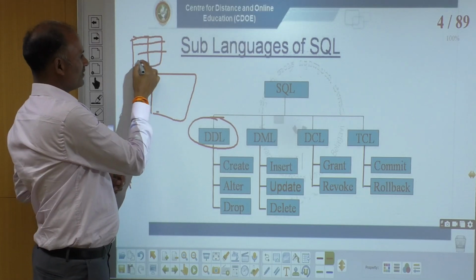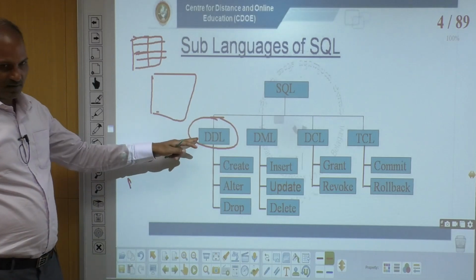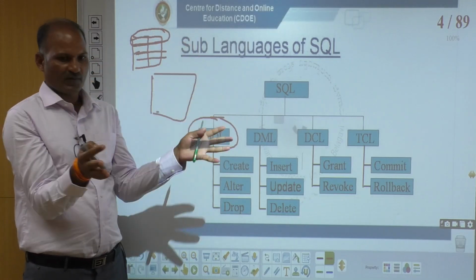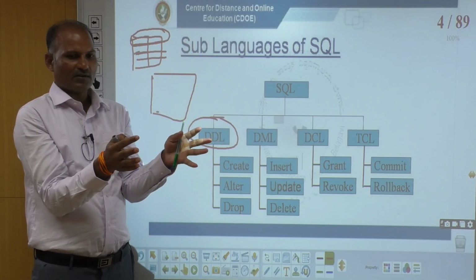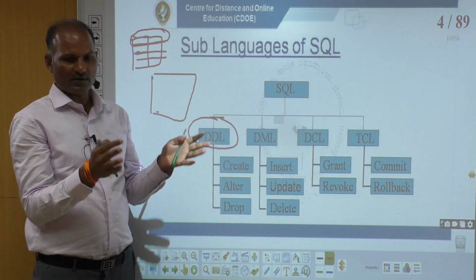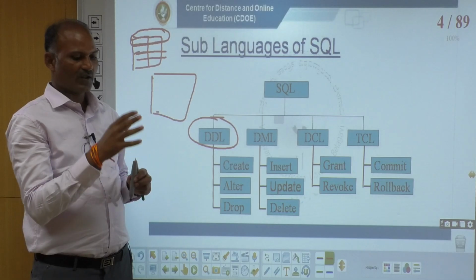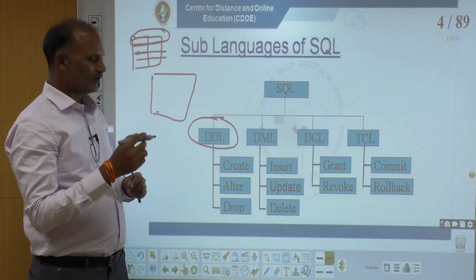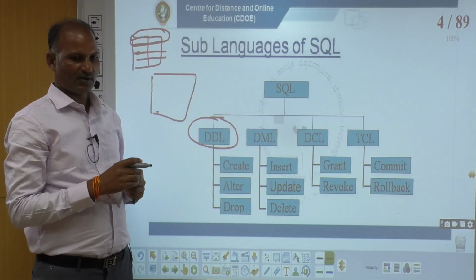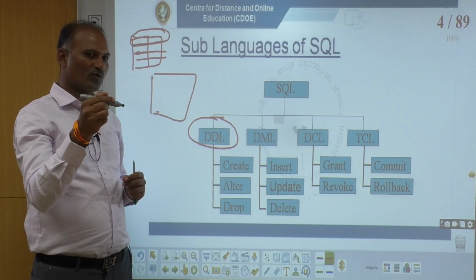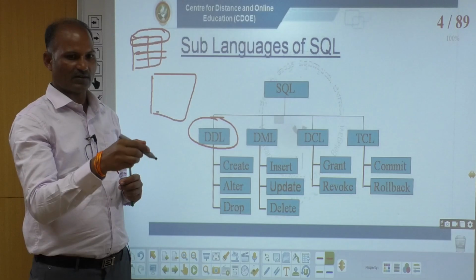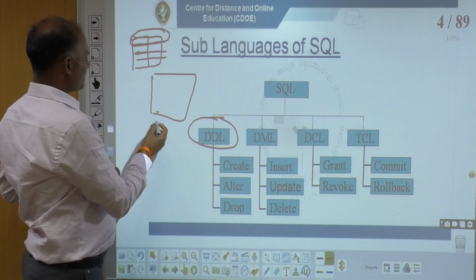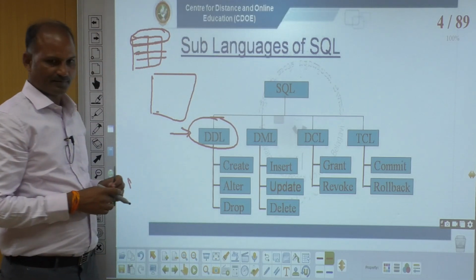DDL is going to talk about the structure, meaning the outline of your table, like how many columns you want in your table, and what kind of data you are going to store in the respective column, called a field. That can be specified by using DDL.